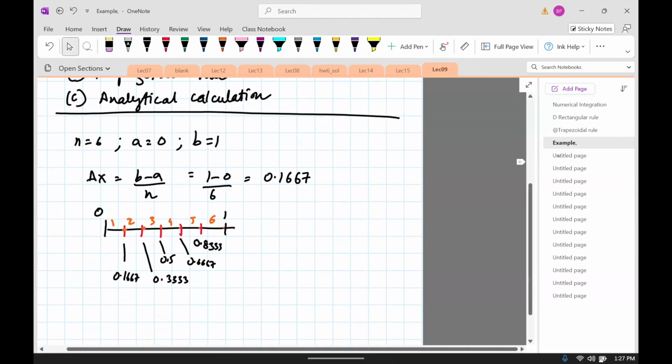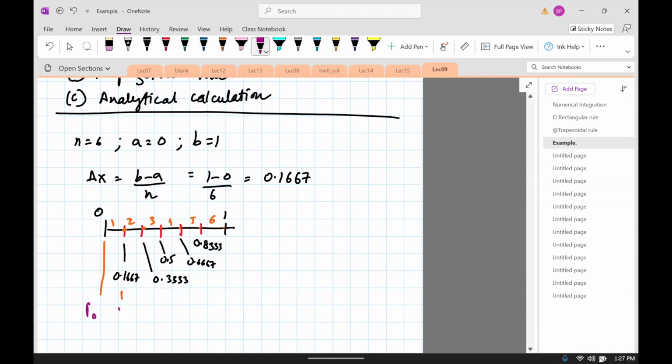So we'll have f0, f1, f2, f3, f4, f5, f6, corresponding to 0, 1, 2, 3, 4, 5, 6.